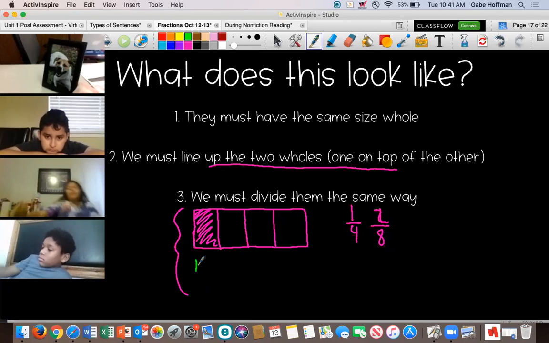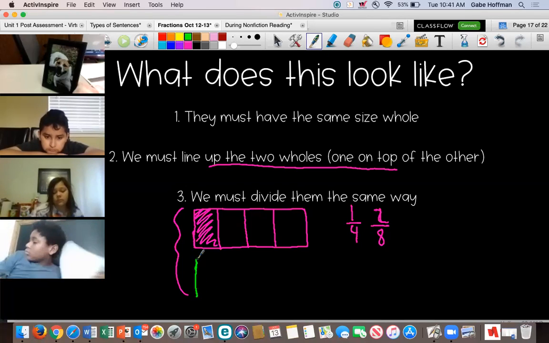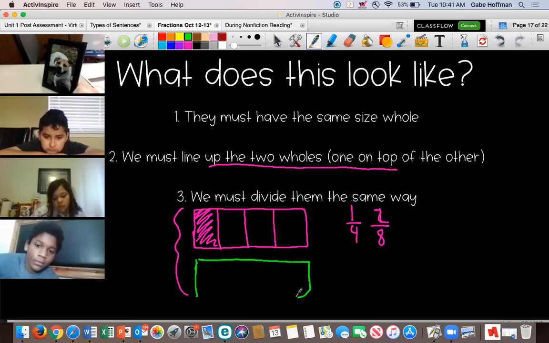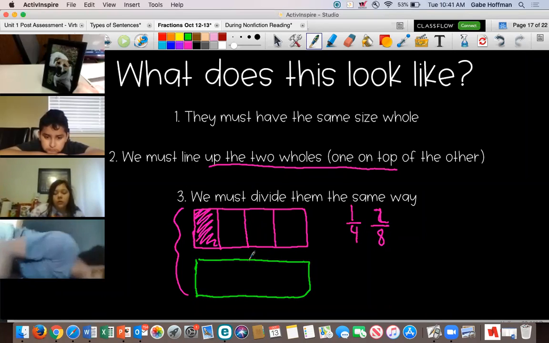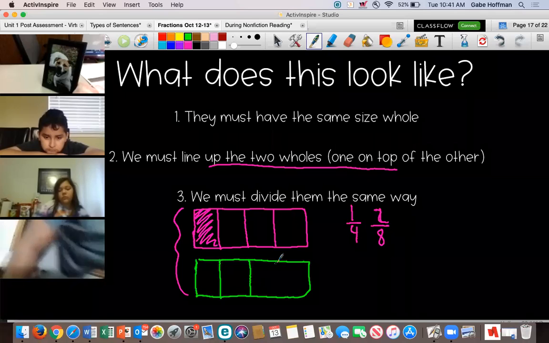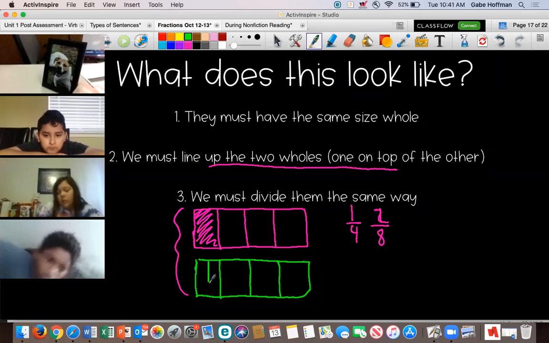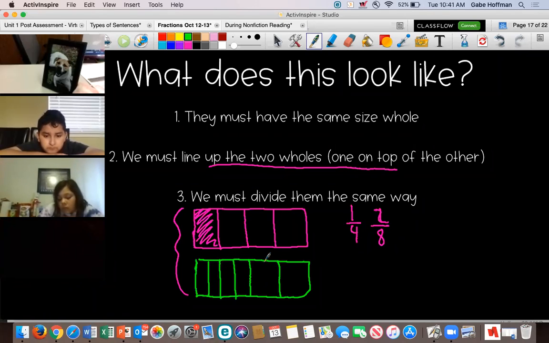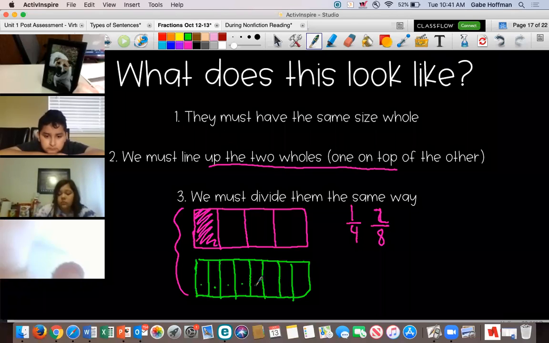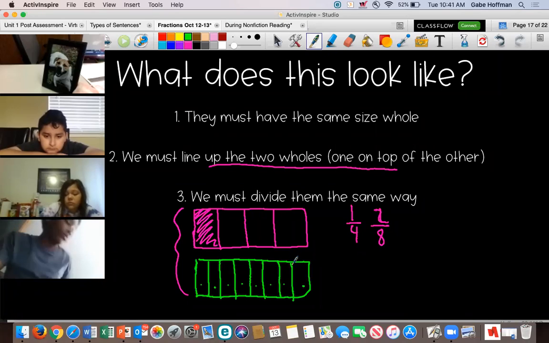So if I was, okay, it's going to be green. If I was comparing these two, so here I have 4, and I'm going to split them in half again to get eighths. So I have 1, 2, 3, 4, 5, 6, 7, 8 pieces, and I'm going to shade in 2 of them.